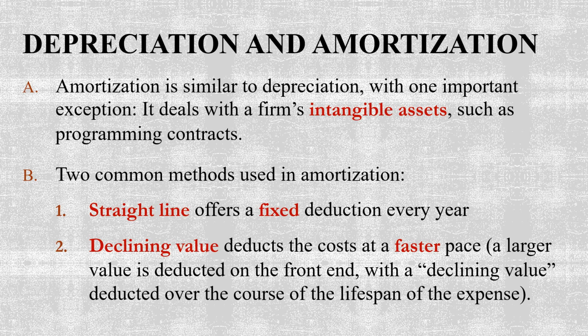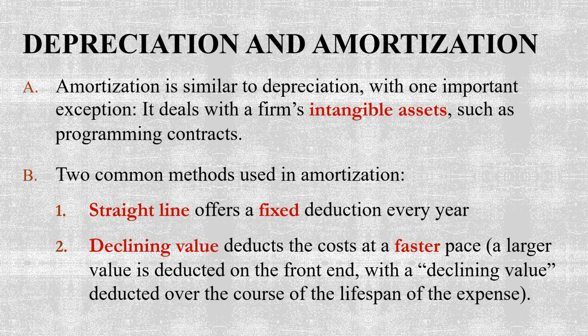One is called the straight line method. The straight line method offers a fixed deduction every year. So say you're going to be taking this value over the course of 5 years, for example, you're going to take away the same amount of money in terms of value in year 1 as you do in year 2 and year 3 and on and on.